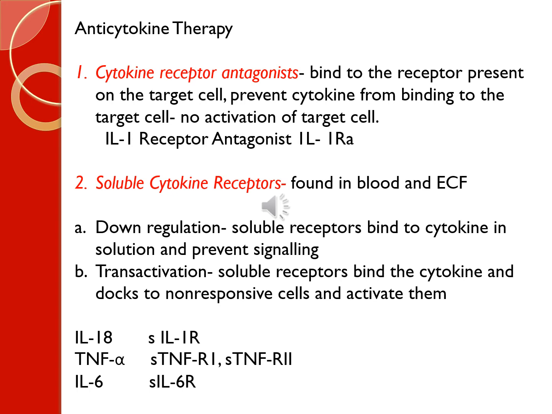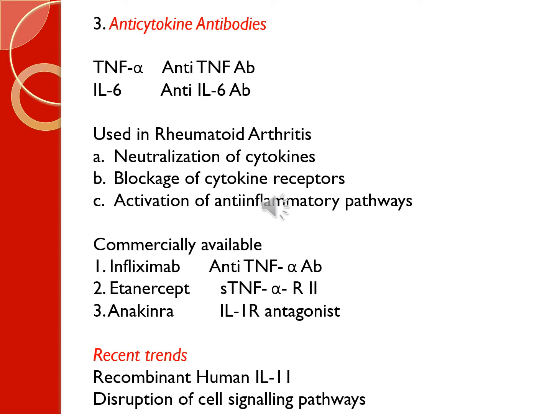Examples of such receptors: for interleukin 1, you give soluble interleukin-1 receptor; for TNF alpha, you have soluble TNF R1 and soluble TNF R2; for interleukin 6, you have soluble interleukin 6R.